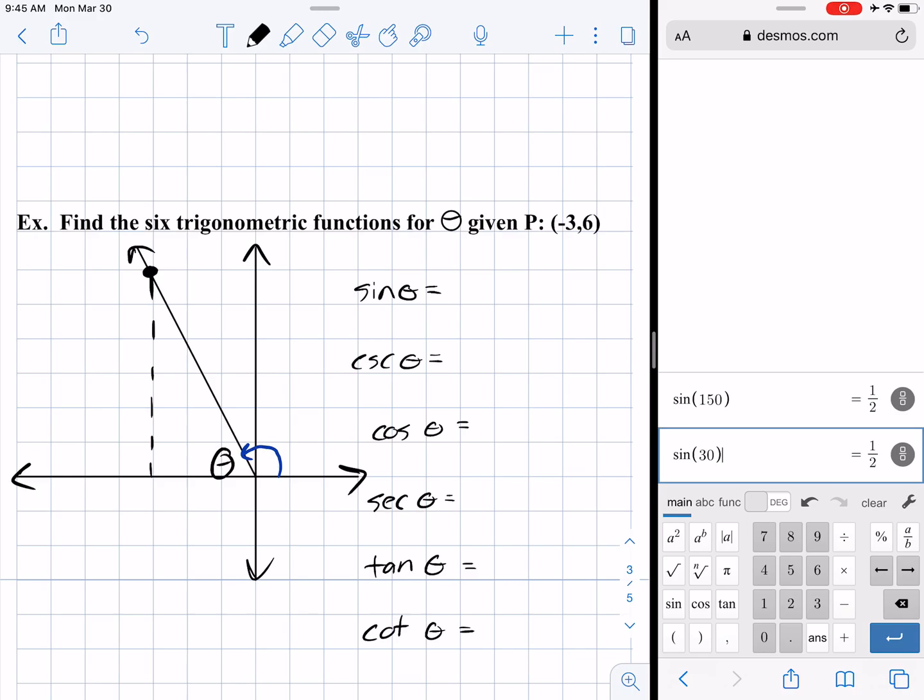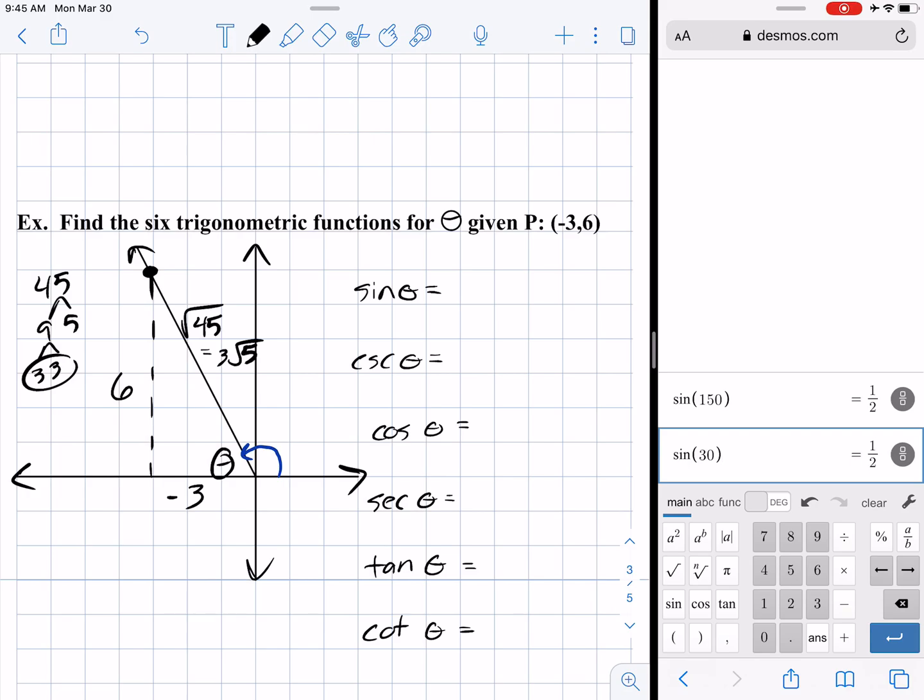Okay, hopefully for this length you were able to get root 45 after you did 3 squared plus 6 squared equals c squared or r squared, and don't forget to simplify. You need to pull out perfect squares, which would be a pair of 3's. So 3 root 5.